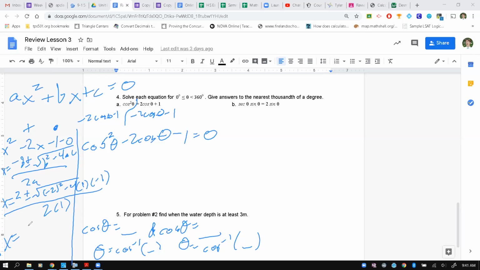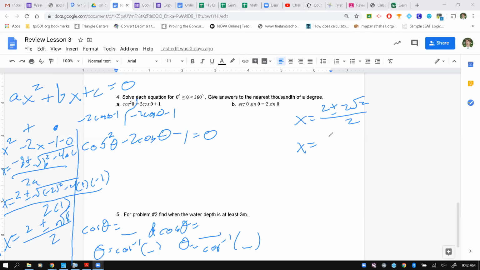And then that would be 2 plus or minus the square root of 4 plus 4, square root of 8, over 2. Okay, so then x would equal, I'm going to continue that over here. We can make that 2 square root of 2.